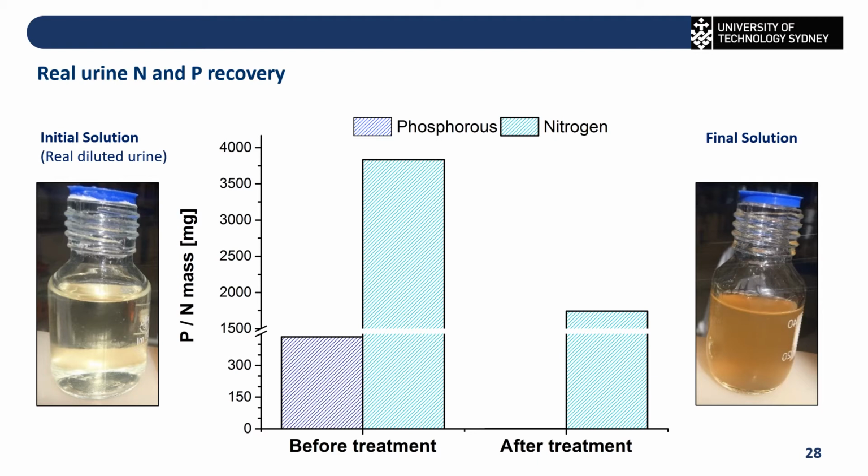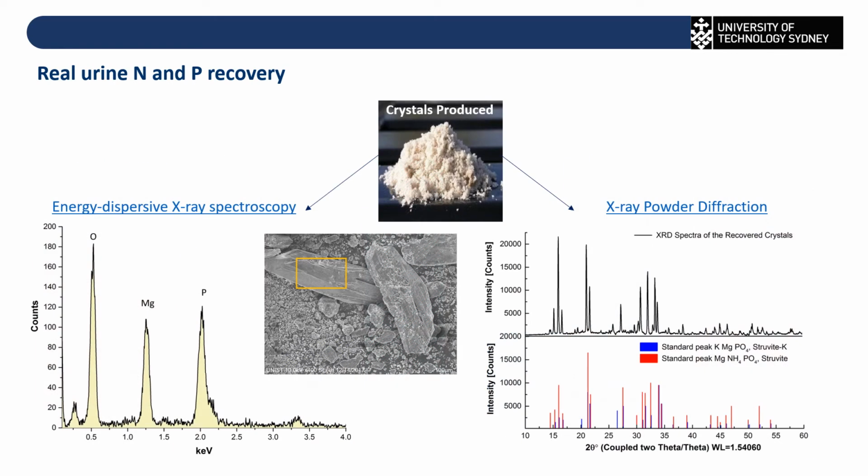Nitrogen concentration was almost 3,700 milligram per liter. So after this hydrolyzed condition, we found 93% phosphorus removal, and 50% nitrogen removal.